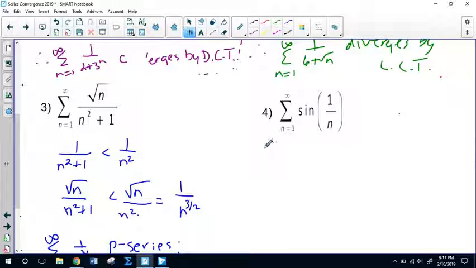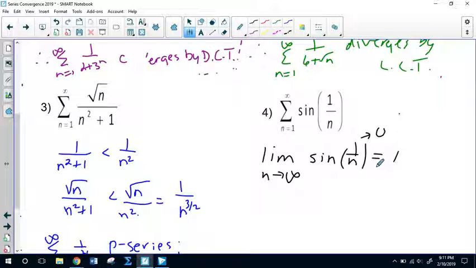So before I do any complicated test, I think it might be best if I just try the nth term test for divergence. I'm just going to test the limit as n goes to infinity of sine of 1 over n. And I know that as n goes to infinity, this inside part goes to 0, and I know that sine of 0 happens to be equal to 1.